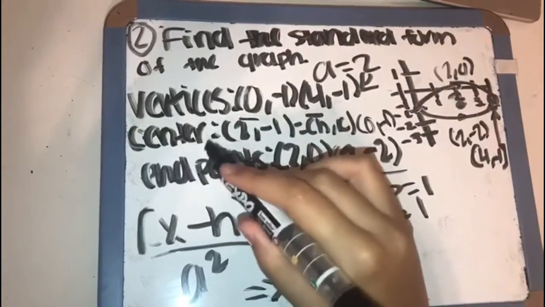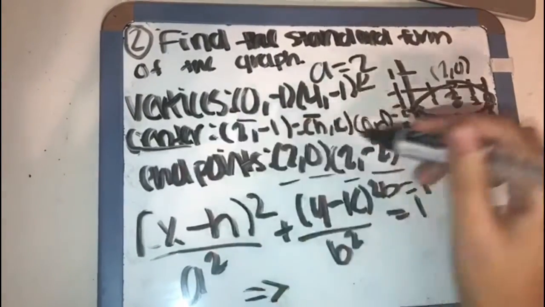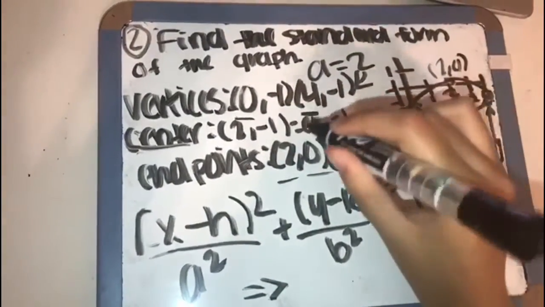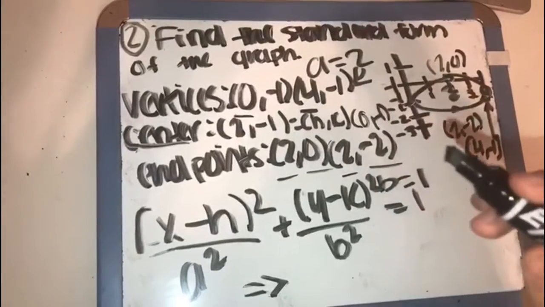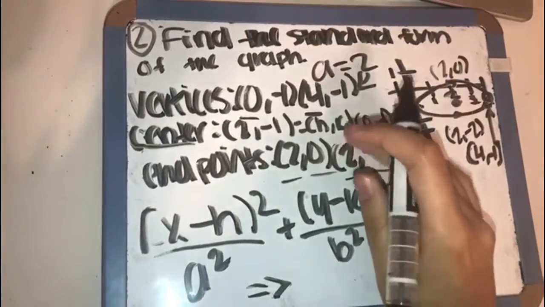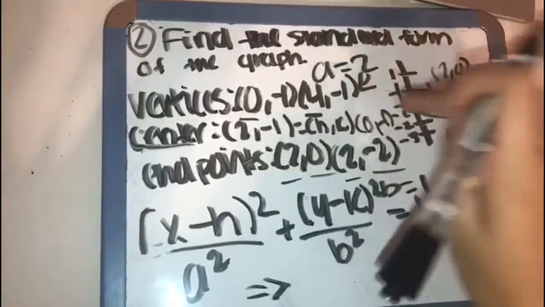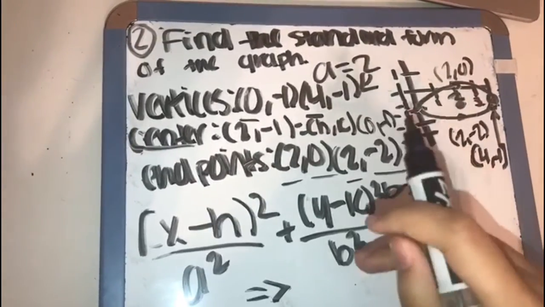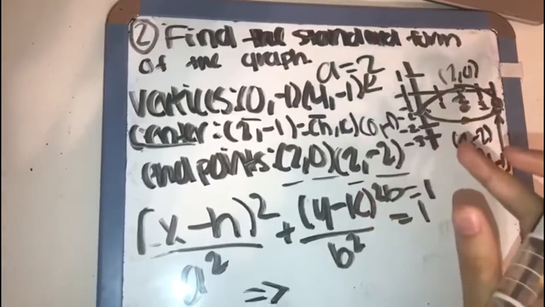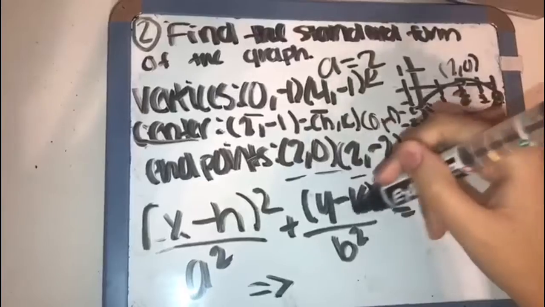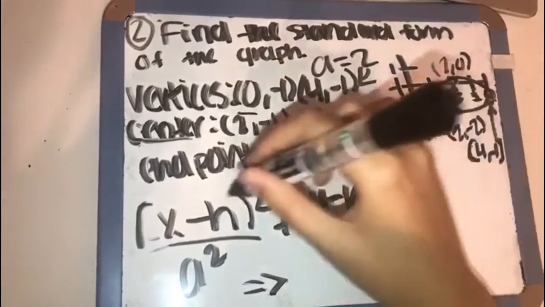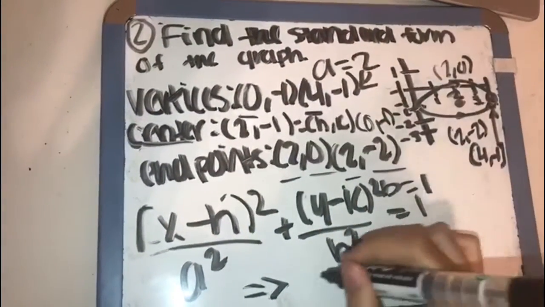The center we have is 2 and -1. So we have to substitute the center, the 2 and -1, into the formula. We're substituting everything except the x and y. We only have to substitute h and k.